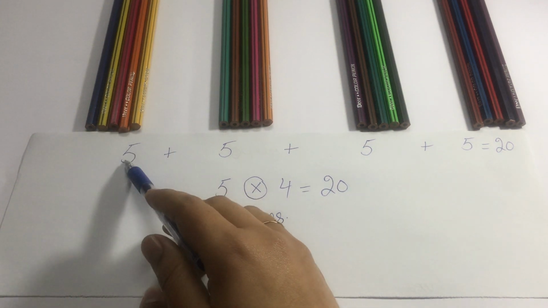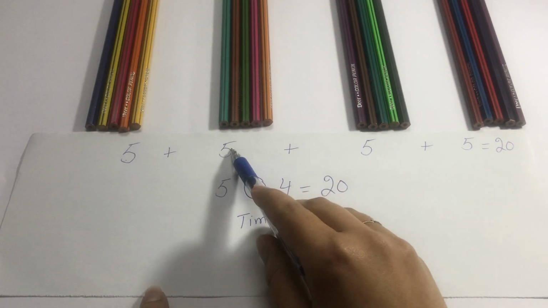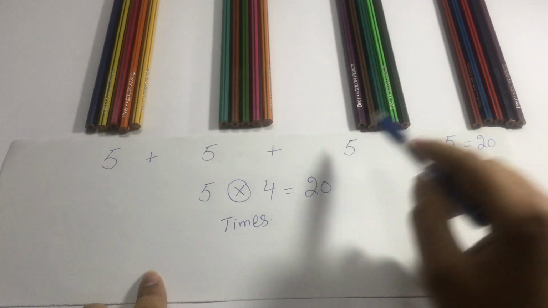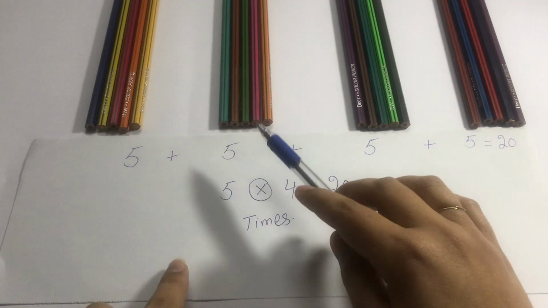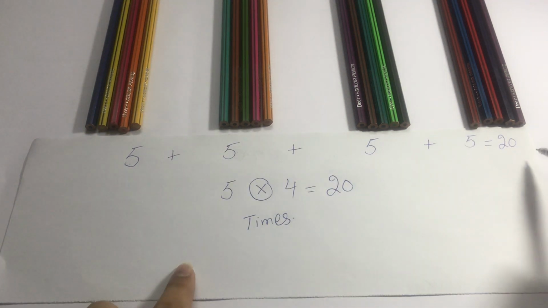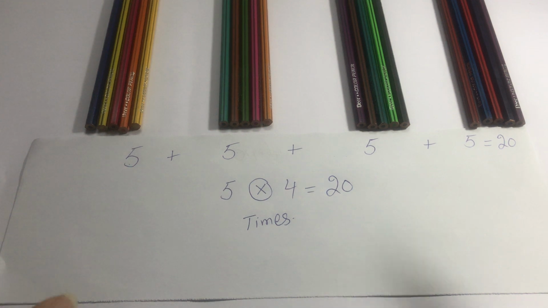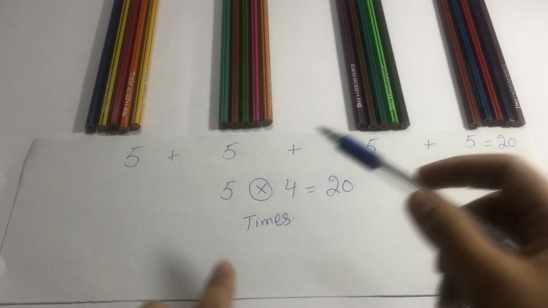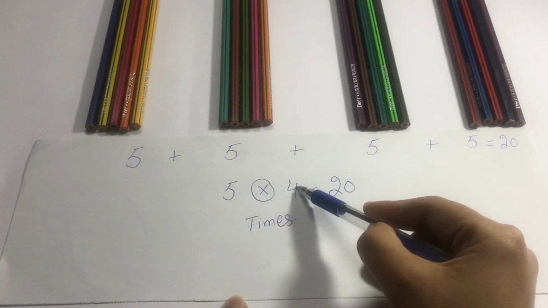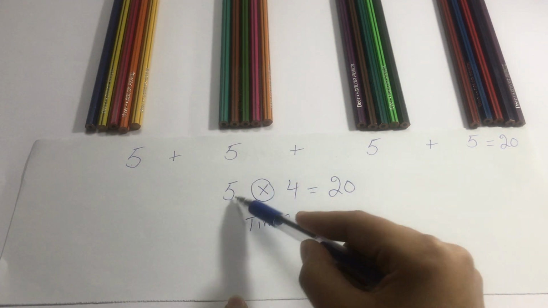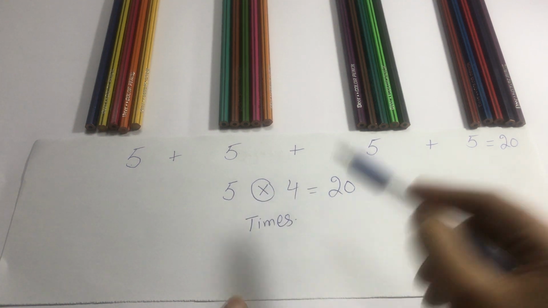In one group you have 5 pencils, in the second group you have 5 pencils, in the third group you have 5 pencils, and in the fourth group you have again 5 pencils. So 5 plus 5 plus 5 plus 5 is equal to 20, and it will also take more than 3 to 4 minutes to calculate your answer, right? But the easiest way, you can write the number of pencils in one group and you can write the number of groups and you can multiply them directly. 5 4s are 20.